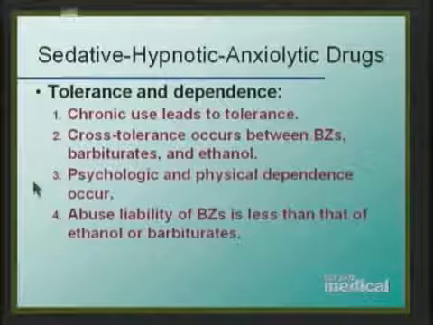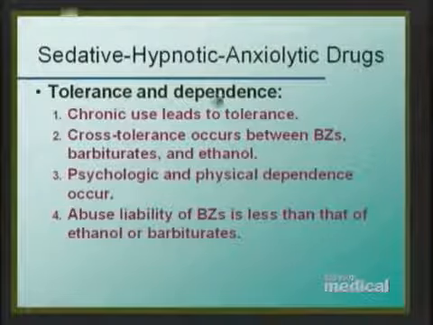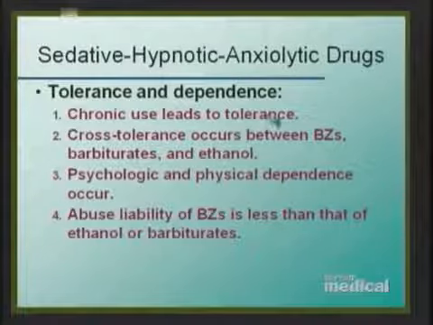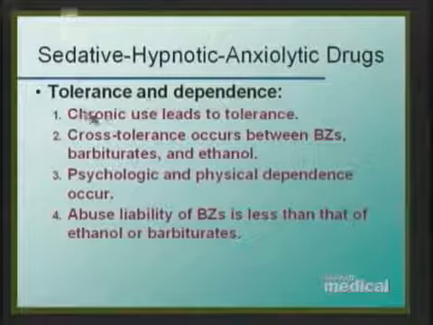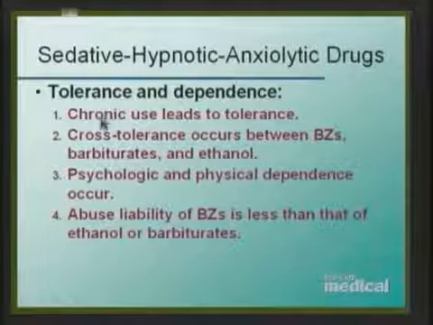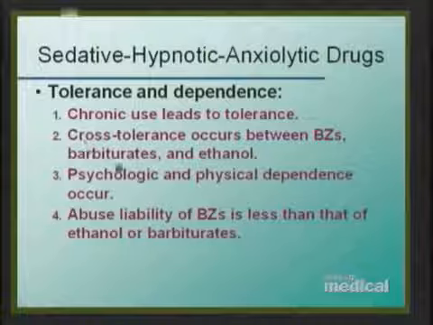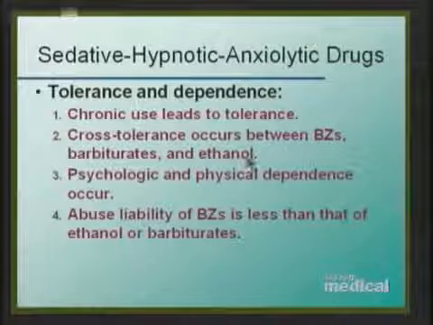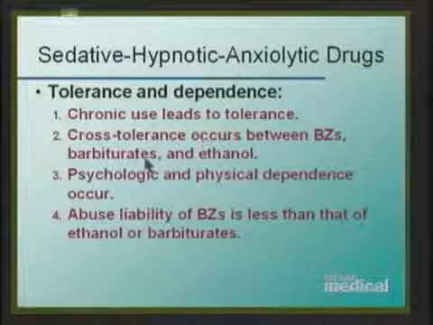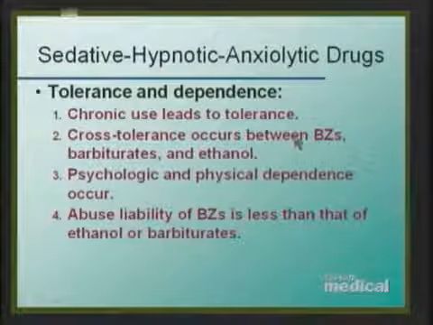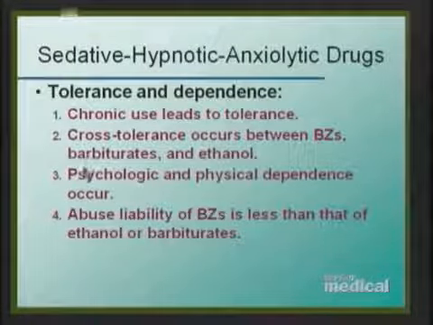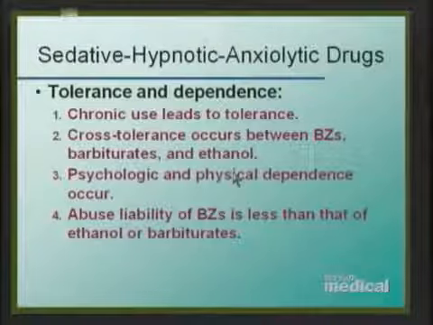How do we know about the abuse? By looking at tolerance and dependence to these drugs. We know that chronic use leads to tolerance, and the tolerance to the effects of benzos and barbiturates requires the patients to seek and take more drugs. There is cross-tolerance between benzos, barbs, and alcohol to the extent that clinically, a chronic alcoholic will require doses of benzos and barbiturates that might have killed someone who is not a chronic alcoholic. The type of dependence that is seen is both psychologic and physical.